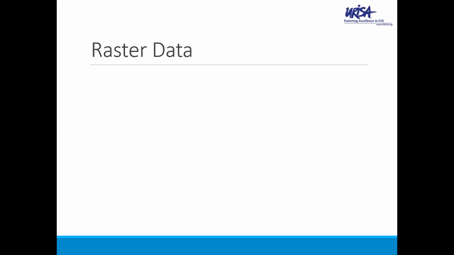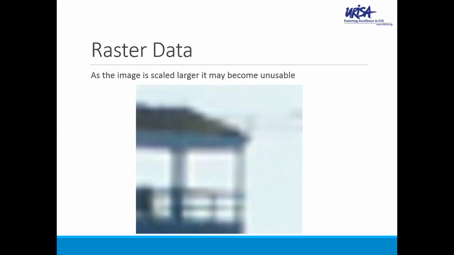And when we zoom in far enough, we really see what's going on, and the image becomes completely unusable. So this is an example of what we run into with raster data.